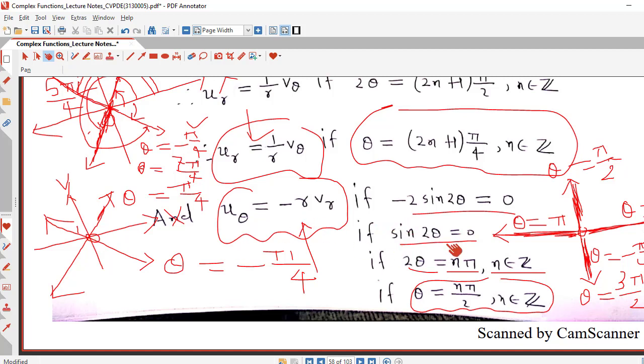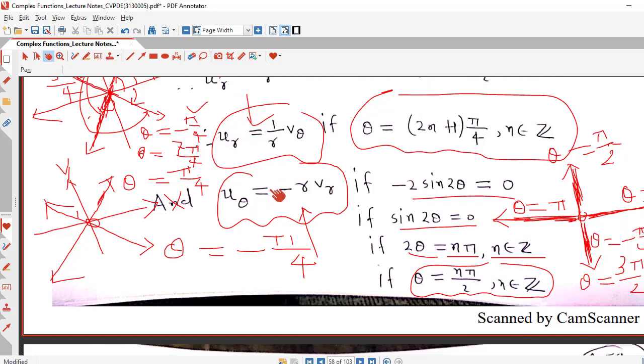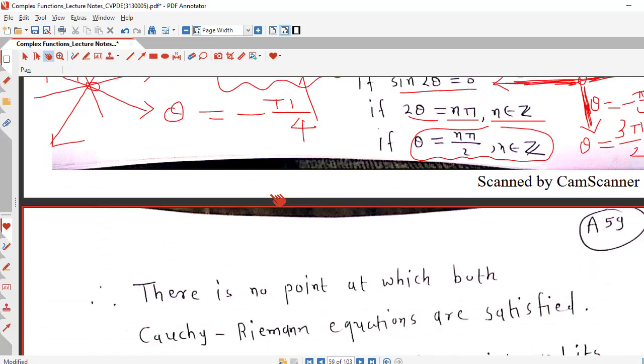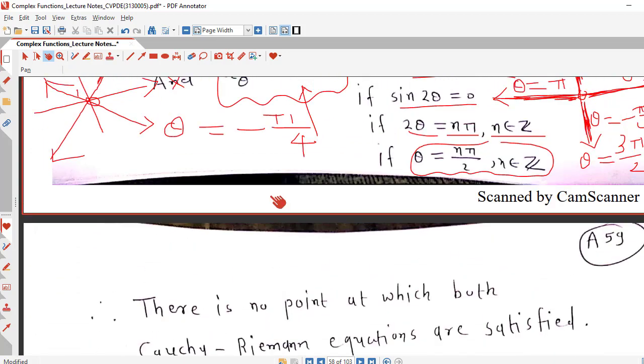And the equation ∂u/∂θ = −r ∂v/∂r is satisfied if θ is a multiple of π/2. That means on the positive x-axis, positive y-axis, negative x-axis and negative y-axis. So there is no common point at which both Cauchy-Riemann equations are satisfied.